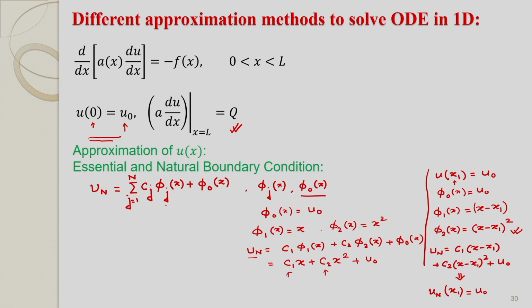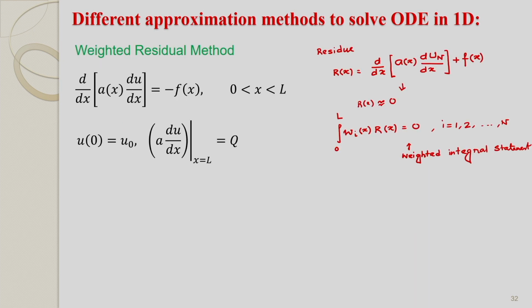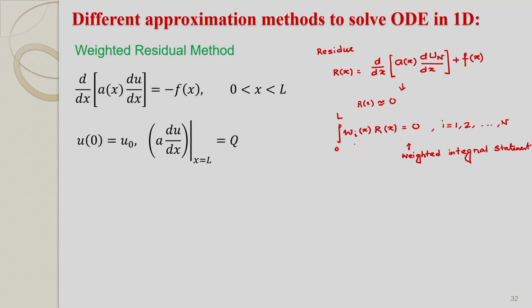So, here for this un, that is 2. For the choice of un, we have n number of unknowns C1 to Cn. To solve that, we require n equations which can be obtained in this form. So, there are n integral equations.